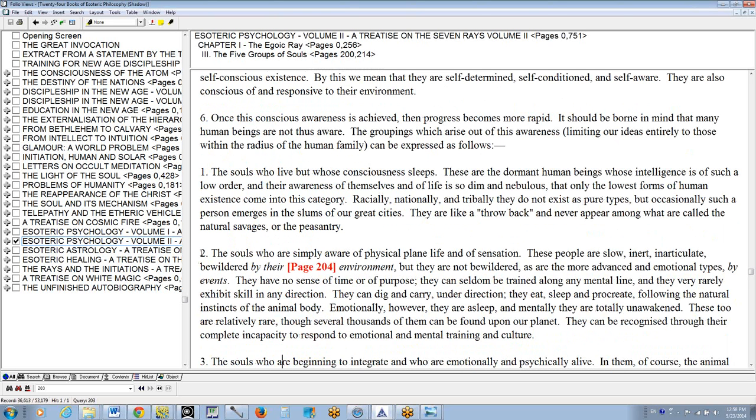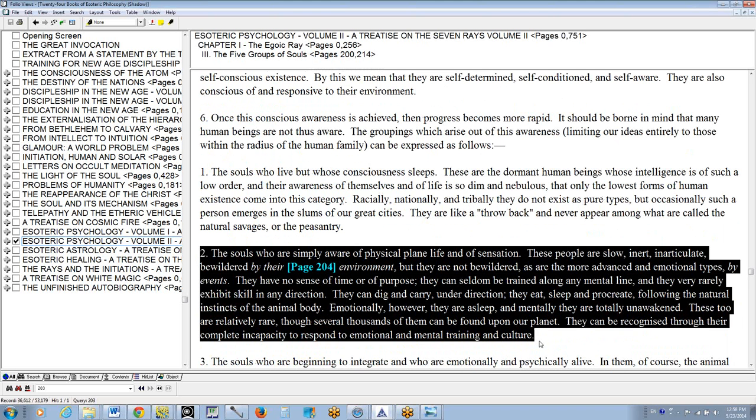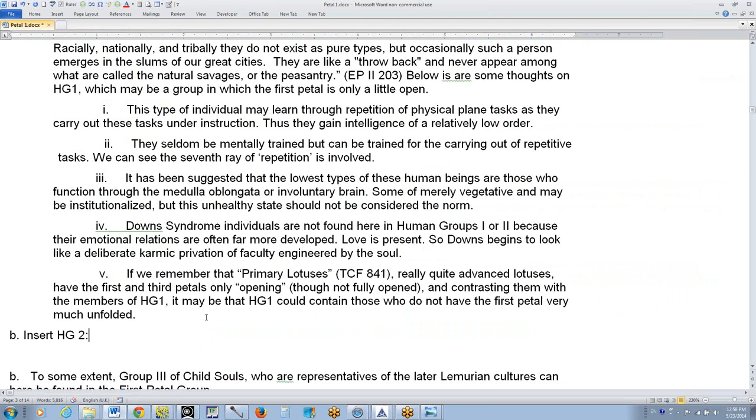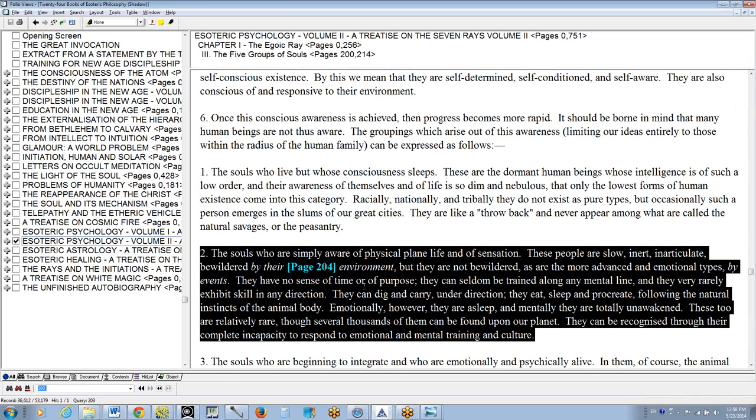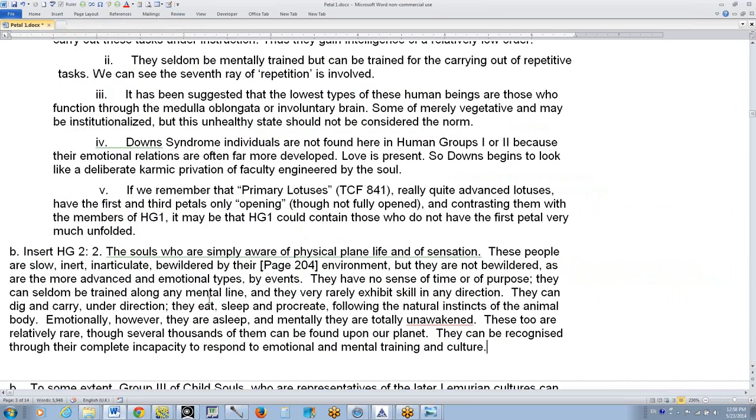The souls who are simply aware of physical plane life, etc. This is going to be those who have the first petal unfolded. And for some reason this is not included, and it seems to be a mistake. The souls who are simply aware of physical plane life and of sensation.